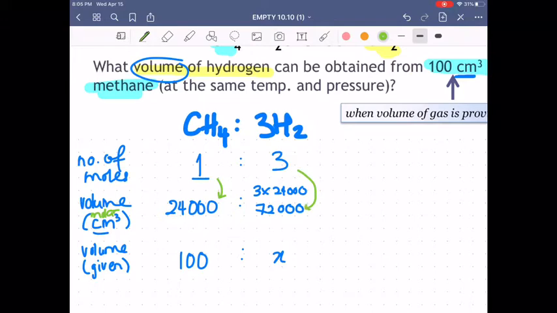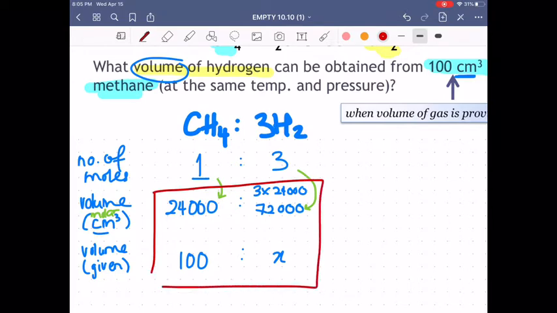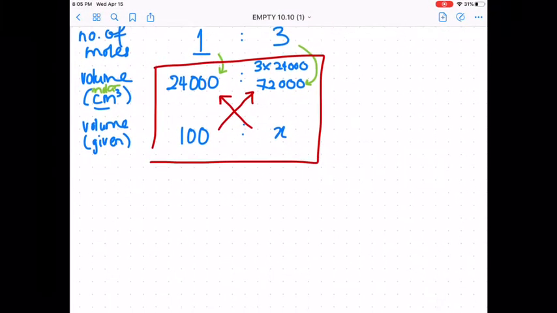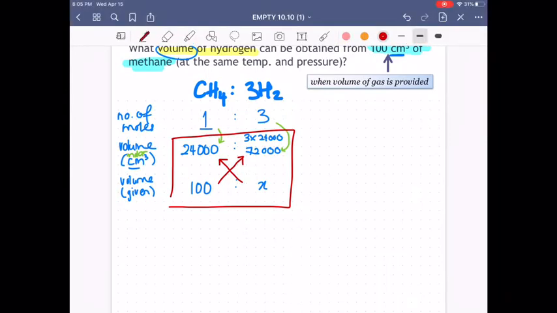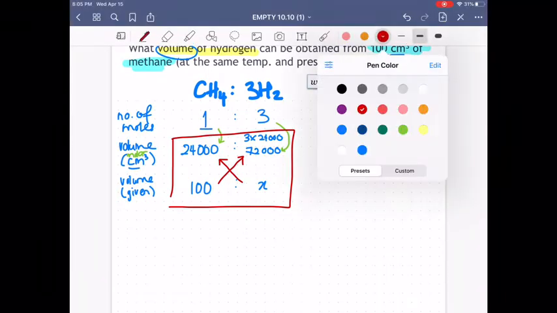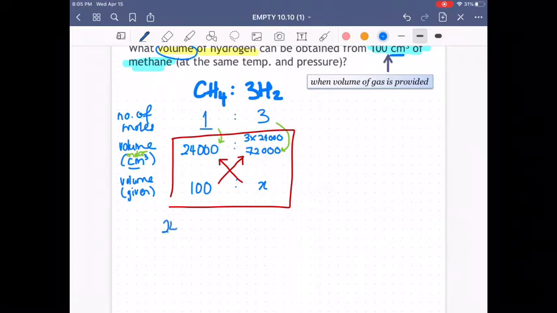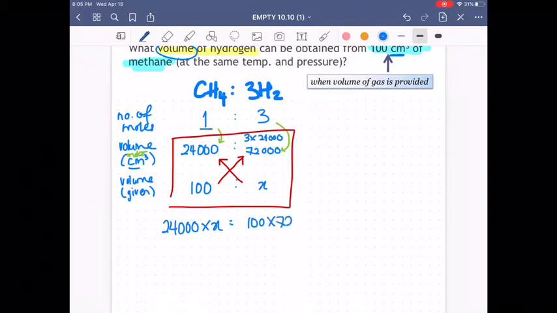Okay, next step, you remember what to do next. Focus on this box here. Then you do your cross multiply. I hope you remember how to do cross multiply.